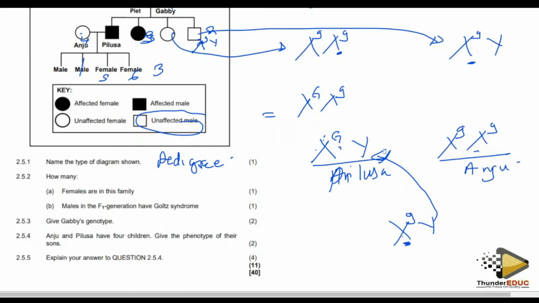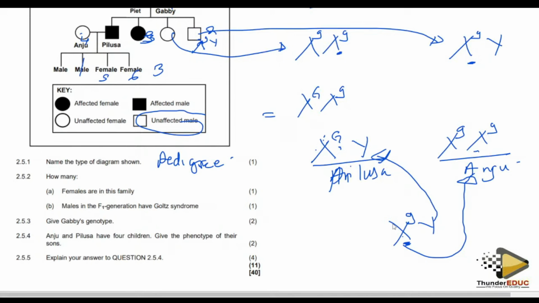Males inherit the Y chromosome from Pilusa, and they inherited the X with the recessive allele from Anju. Hence, the individual is going to be unaffected.